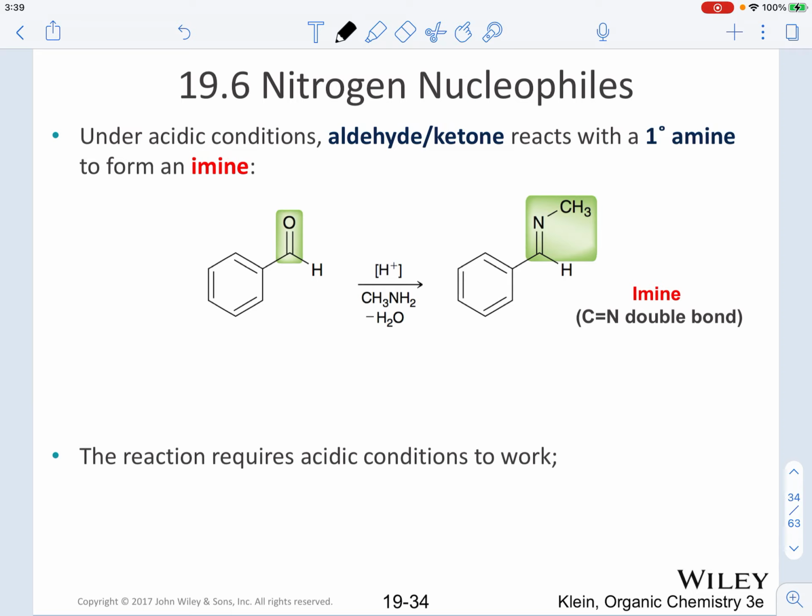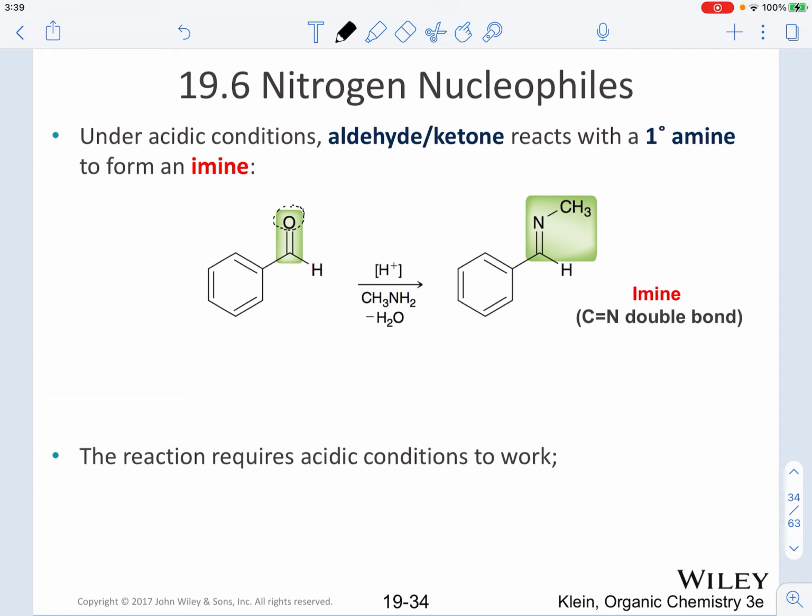When we look at the highlighted green boxes, we can notice what an imine is composed of. An imine is going to contain a carbon-nitrogen double bond. And in essence, as you can see, the oxygen atom is going to be lost, and we're going to see in the mechanism how that occurs.